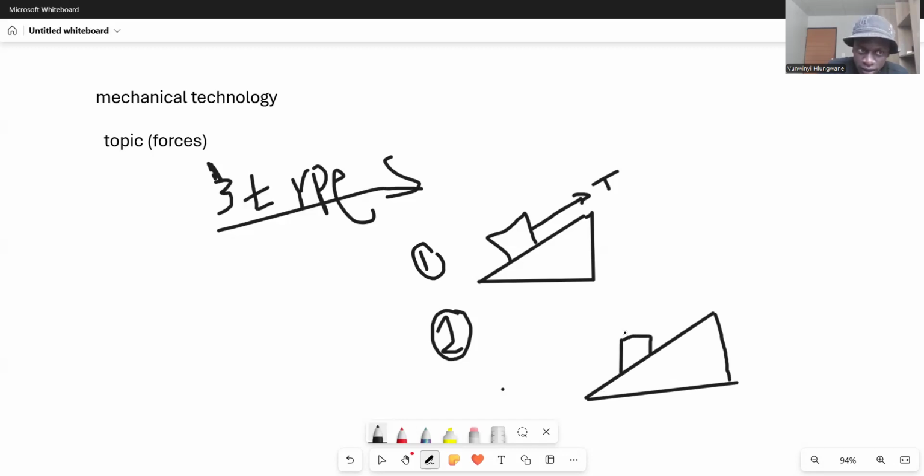You see, this is an incline. Let's take there is another object here. You see here, there is a force here. There is also a mass that is pressurizing here.